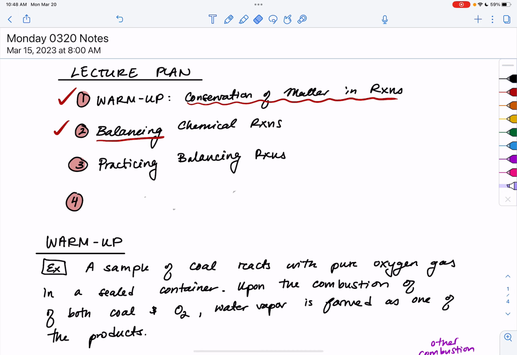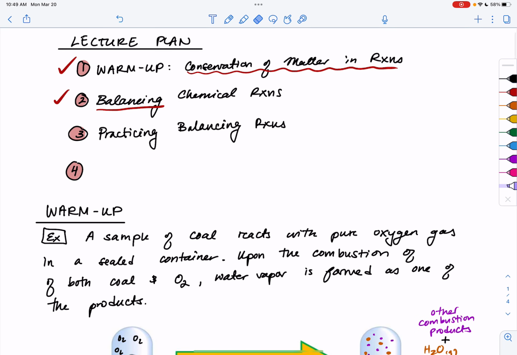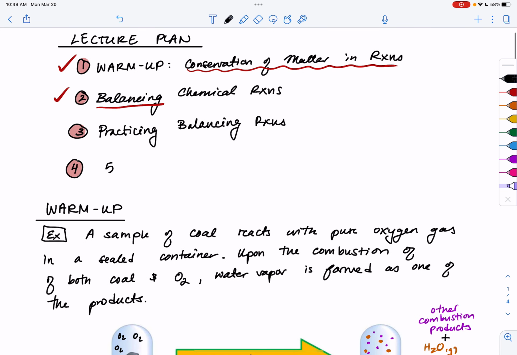And then after that is when we will get into our 5 main types of chemical reactions. So I will see you in our next video where we practice balancing some chemical reactions.